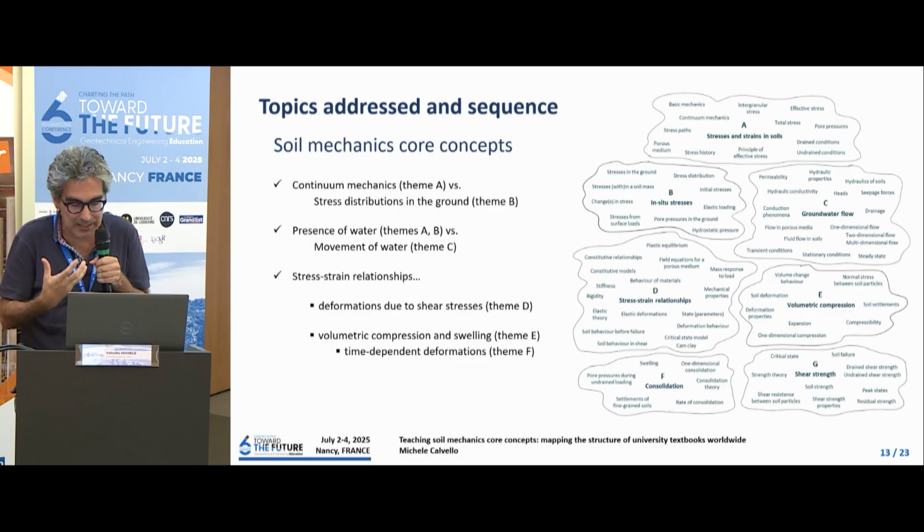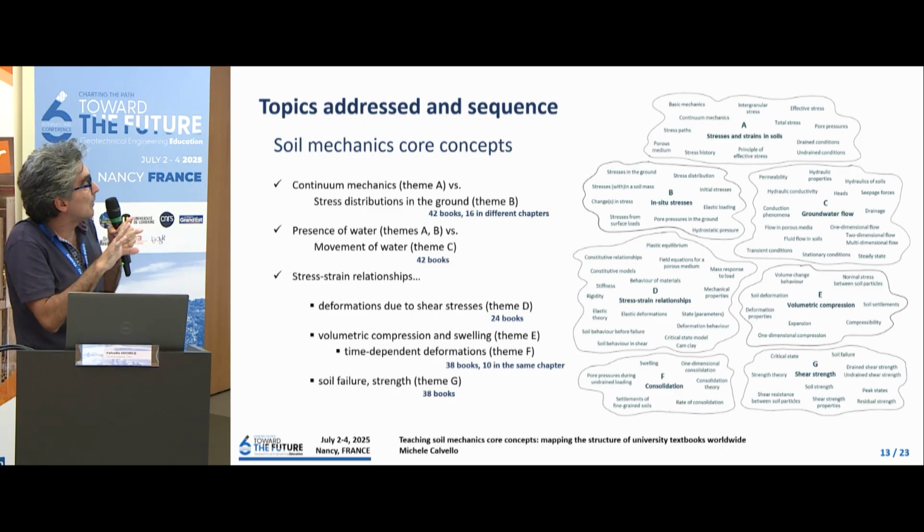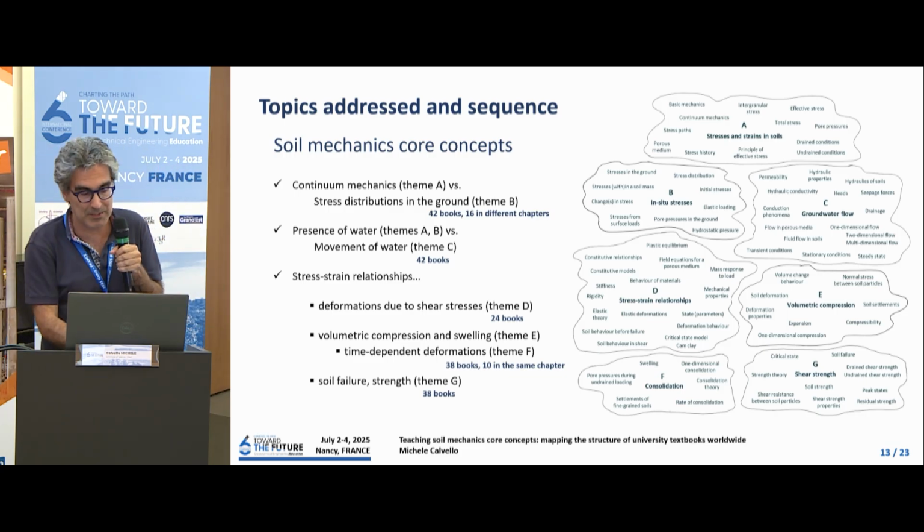It also has the dignity of being a theme. And shear strength, soil failure, is not only the final part of the behavior of the material, but has a meaning in itself. With that, I say that most of the books cover themes A, B, C, also the final ones, maybe not specific chapters, not for all books for theme D.